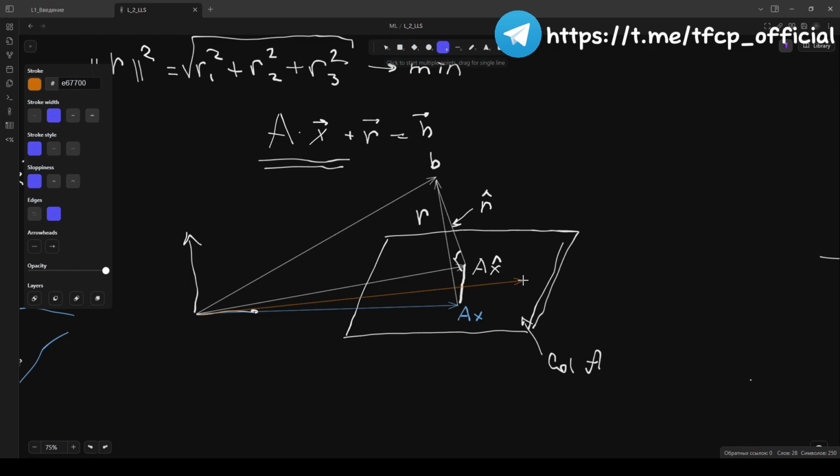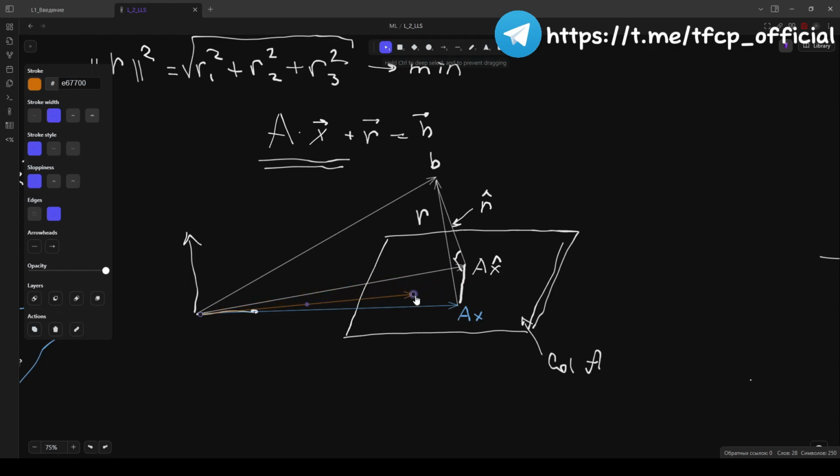The vector x corresponds to some specific vector r, which is the distance to the vector b. So our task is to find a vector x such that the Euclidean distance between Ax and the vector b is minimized.